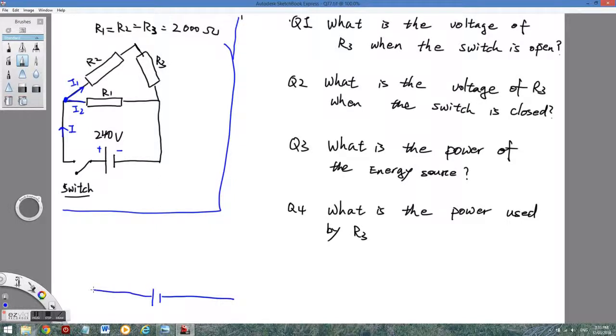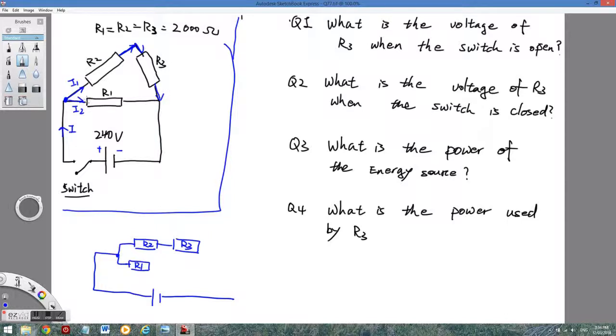So what I'm going to do is split it up. I have R1 and R2. Then after the current goes across R2, it directly connects with R3. So R2 is connected with R3, then it ends.